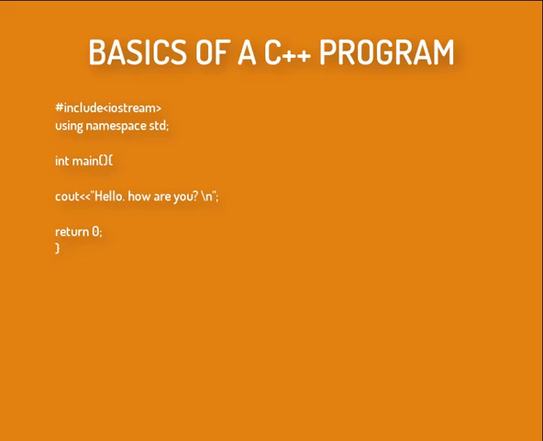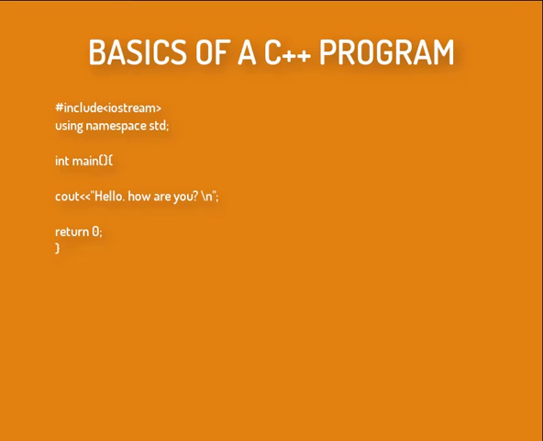The line number 4, cout hello how are you, is actually the code inside a C++ program, and different programs may have different code. So now we will go over each of these lines individually, starting from the very top line, pound include iostream, all the way to the closing curly brace, that is the last line of this program, and we will see what each of these lines specifically means.